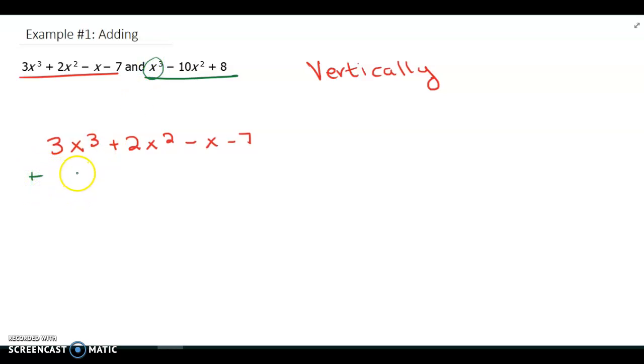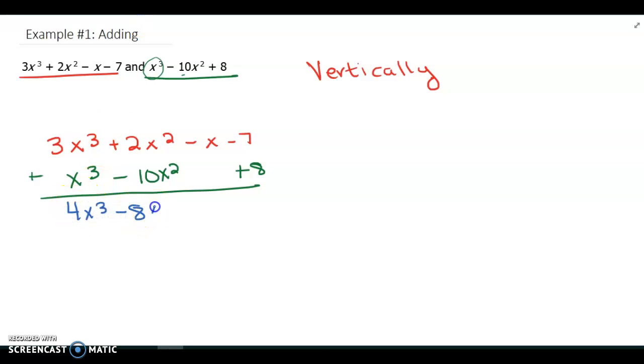So plus x cubed minus 10x squared, and I'm going to put this plus 8 over here because it goes with the minus 7. Okay, so when we add these, this would be 4x cubed minus 8x squared minus x plus 1. That's my final answer.